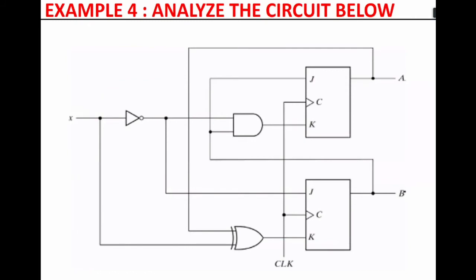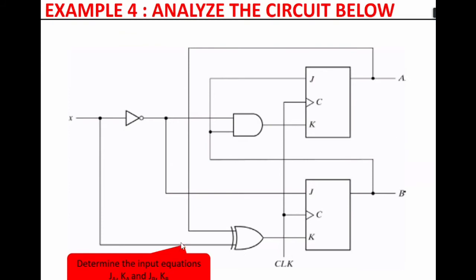Can we just try and do it and confirm with me first? So you label the circuit. This is flip-flop A, this is flip-flop B. This is your input X. So you've got A, B, and then there is no output here.